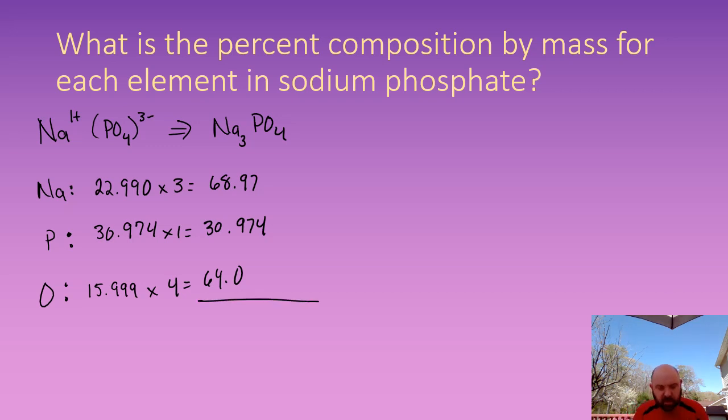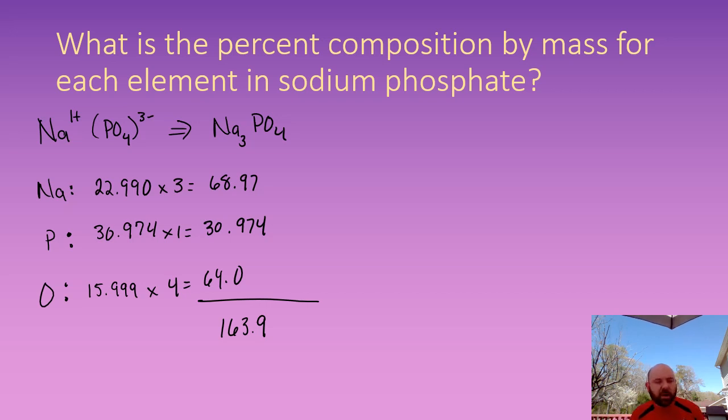Adding those all up together shows me a total of about 163.9 total atomic mass units for 1 unit of sodium phosphate.